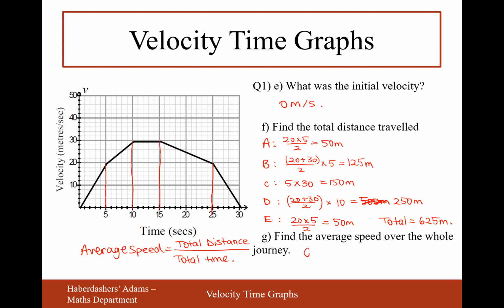So the distance travelled was 625 divided by 30 seconds. 625 divided by 30 gives us 20.83 recurring, and that's going to be meters per second. Lovely, there we are. So that's the answer to question 1.